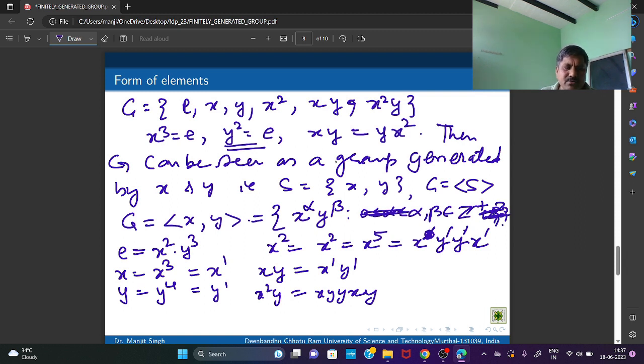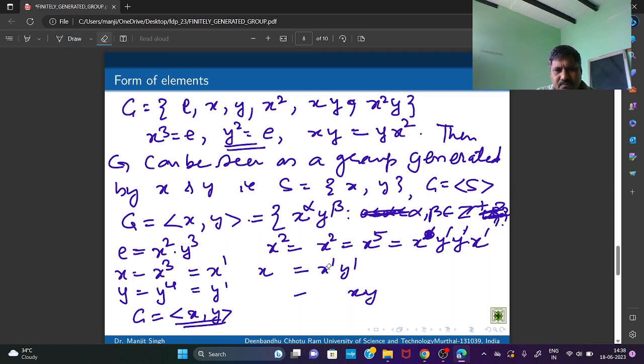So this is the notion of a subgroup generated by a subset, a finitely generated subgroup.